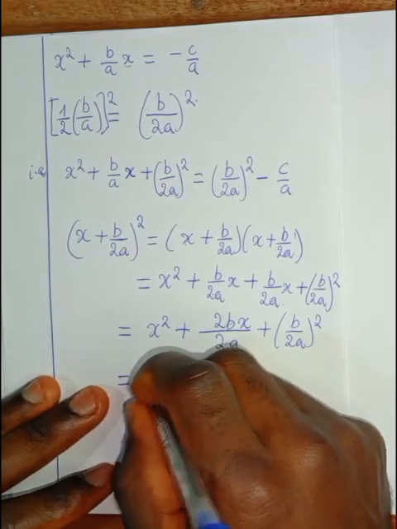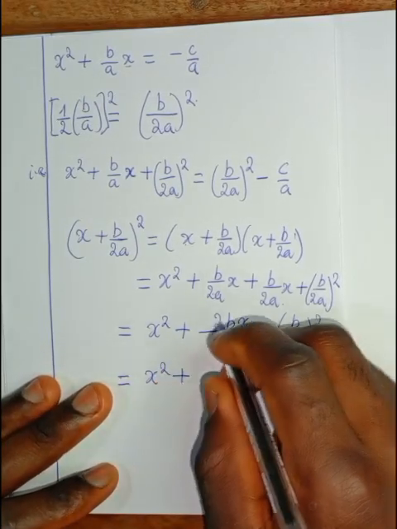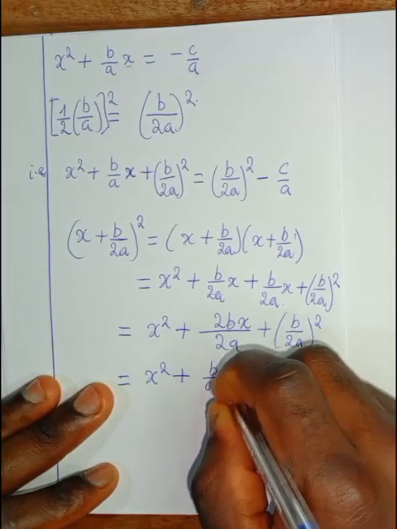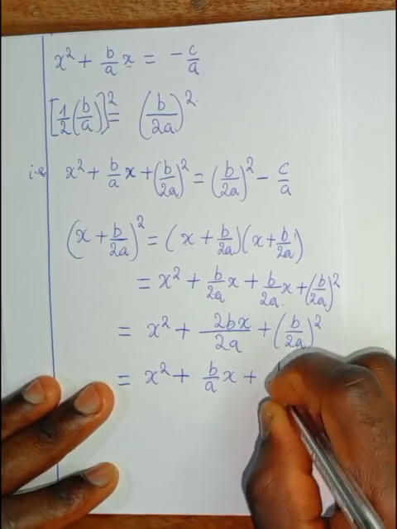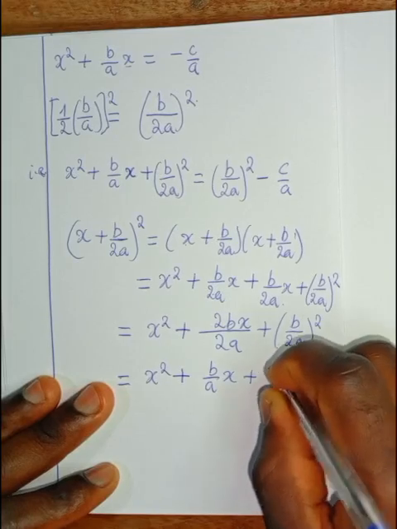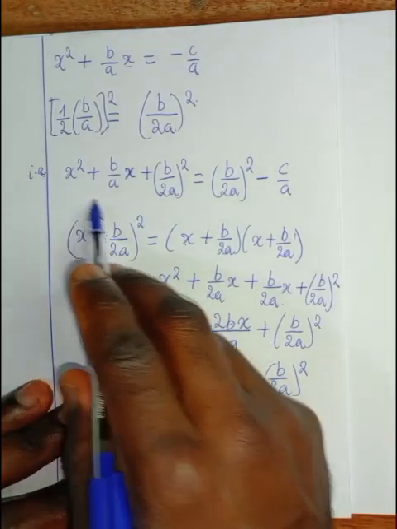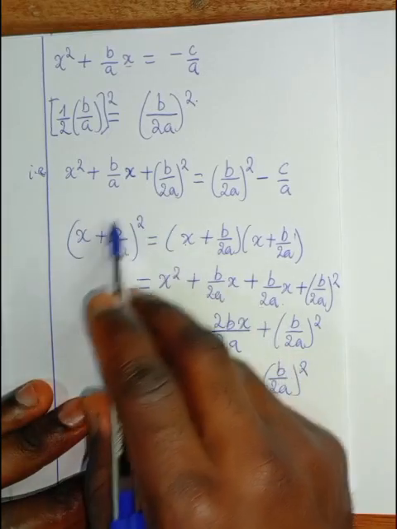This will simply be equal to x squared plus, you see that 2 will cancel 2, we are left with b over a x plus b over 2a, all this squared, which is the same thing we have at the left hand side here.